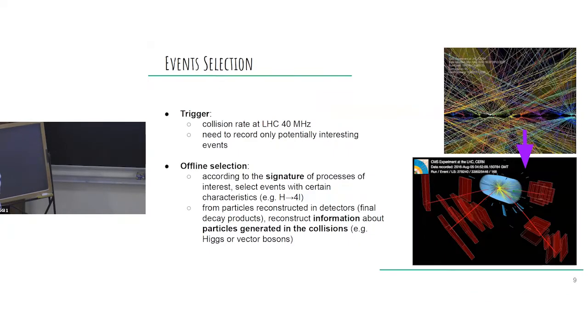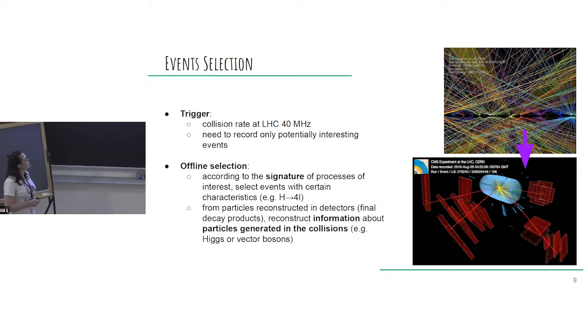Of course, we need to decide which events we want to use for our analysis, because the rate of collisions inside the LHC is quite high. In principle, every 25 nanoseconds you have a bunch of protons crossing and possible collisions.